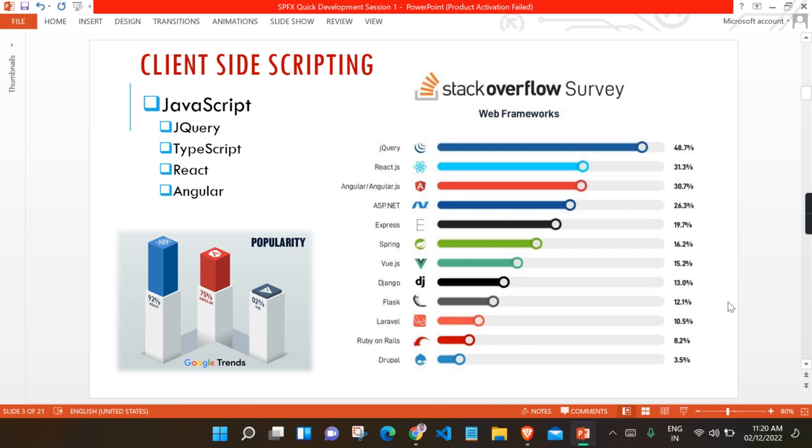Before ES5, jQuery had given a lot of feasibilities, like forEach, map, filter, which we use recently in JavaScript. These were already there in jQuery.